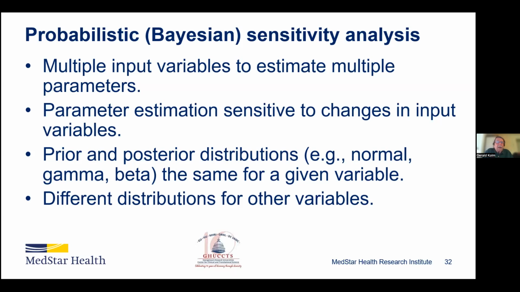So, for example, in the Bayesian perspective, prior and posterior distributions you might assume are the same, like if they're normally distributed or gamma distributed, whatever, they might be the same, but you could have different distributions for other variables. So I'll give an example here of where that comes into play, where not only do we have multiple variables, but the distributions of the variables are not the same.